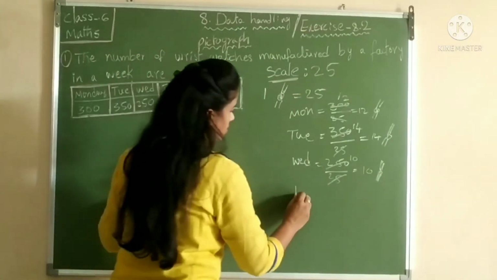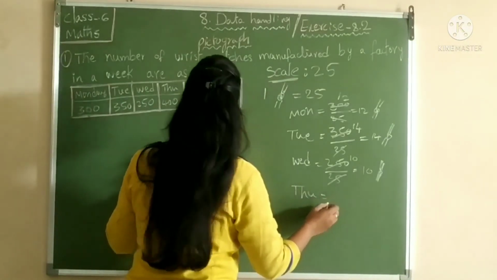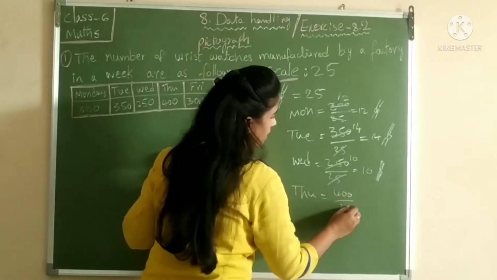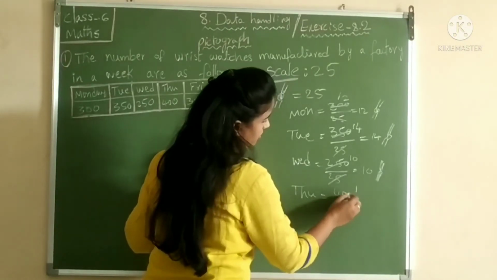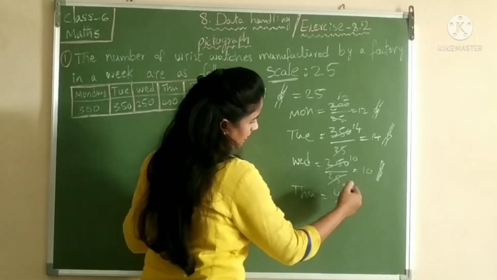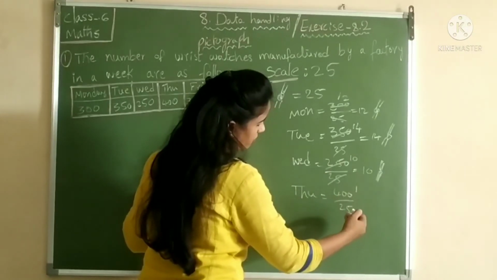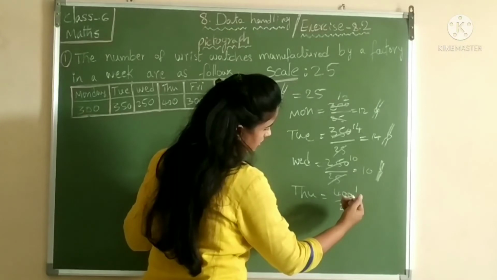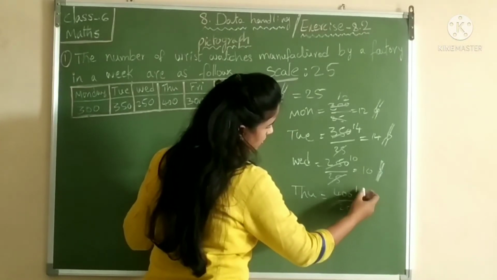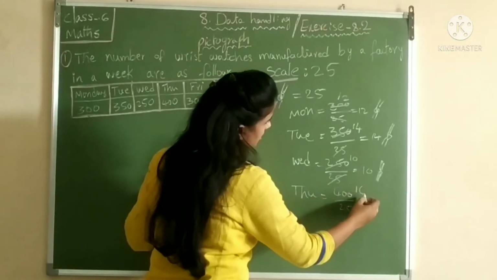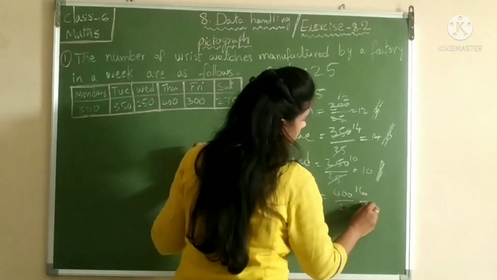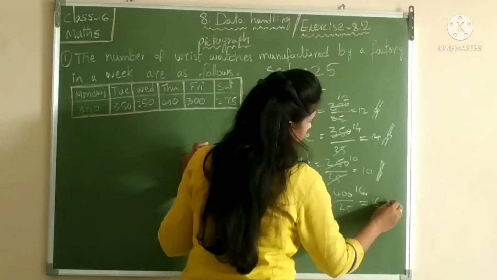And Thursday, 400. 400 divided by 25. 25 ones are 25. 40 minus 25 is 15, 150. 25 sixes are 150. Okay, 16 watches.